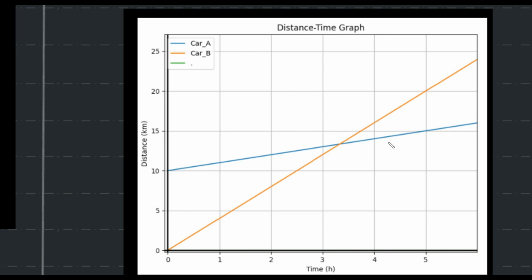So this is car A, as per the legend over here, and this is car B. Now, at the start of the journey, how far is car A with respect to car B? It is, yes, over here, that is 10 kilometers. We can't leave the unit.